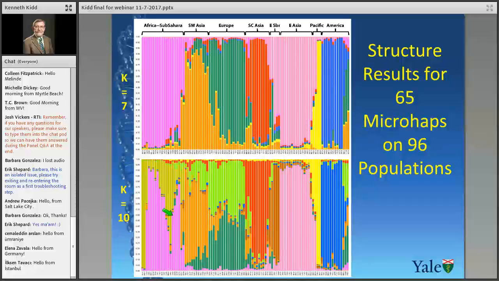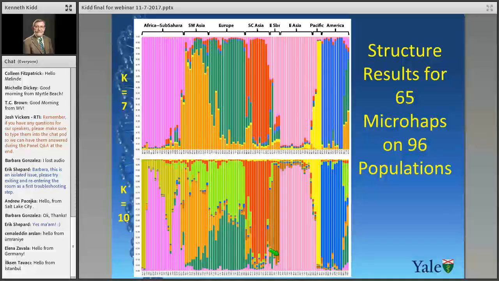At 10, we begin to see differentiation in terms of East African and pygmies have some different frequencies than do Central and West Africans.